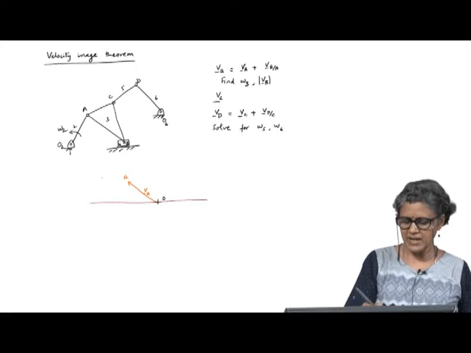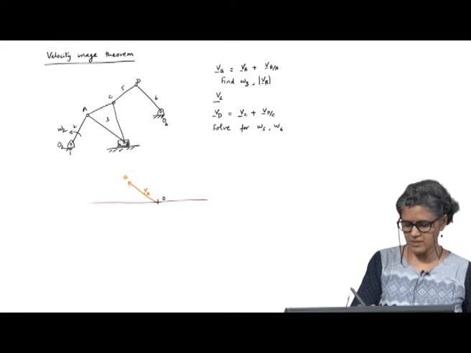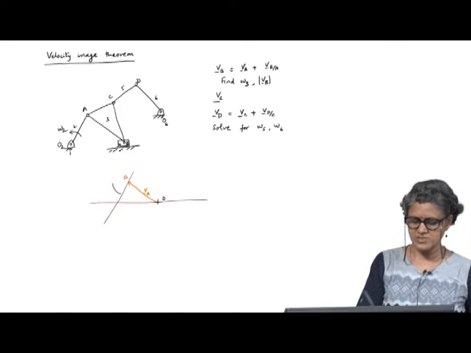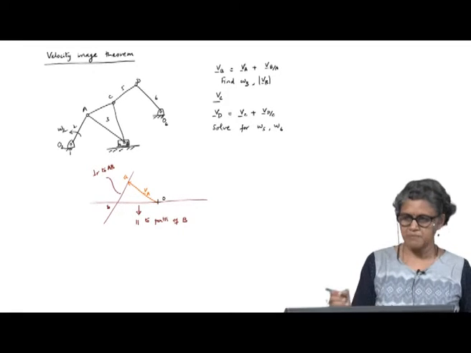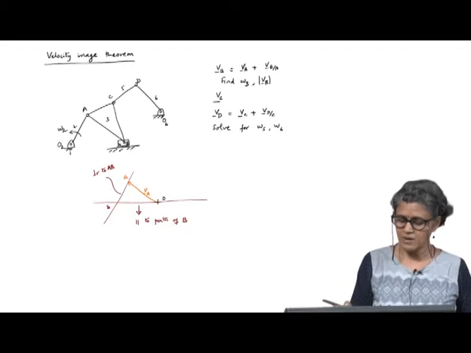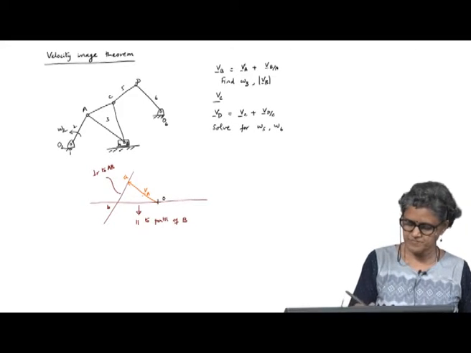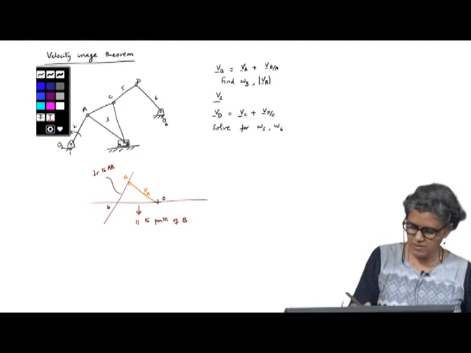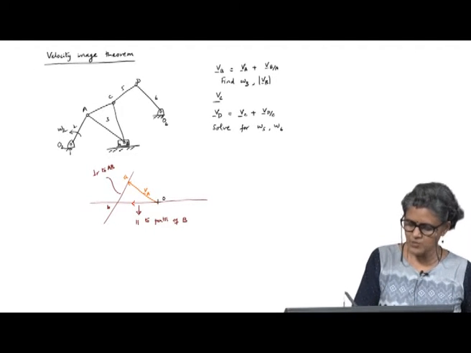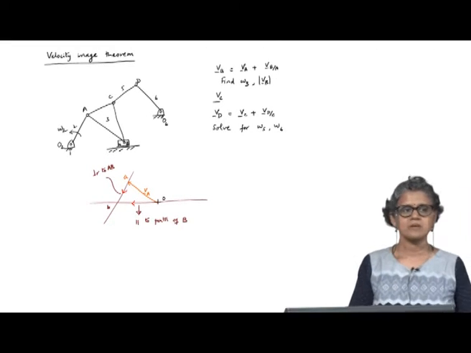I know B relative to A is perpendicular to AB, and the absolute velocity of B is parallel to the path of B. So, this gives me B. Okay. So, from this equation, velocity of B equals velocity of A plus B relative to A.